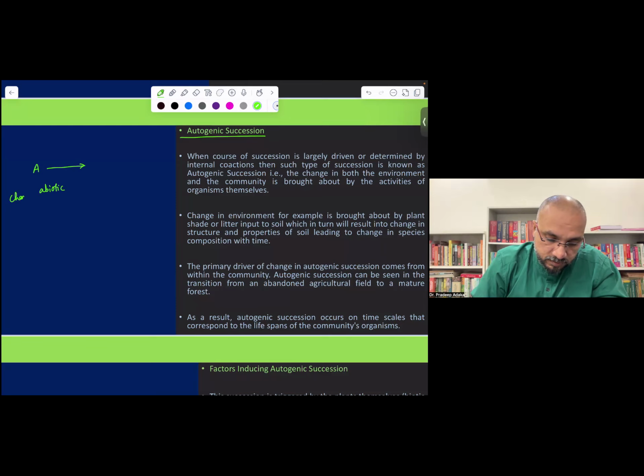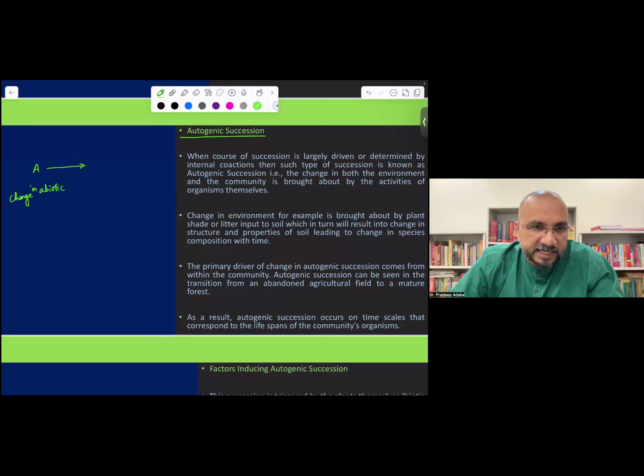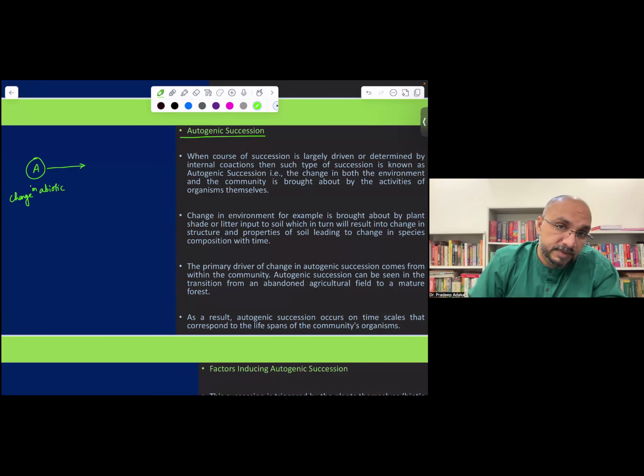The pioneer community is extracting nutrients from the environment, and it will bring changes to the abiotic conditions, soil quality and soil properties. And soil is an abiotic factor, right? Abiotic factor का एक example क्या? Soil.